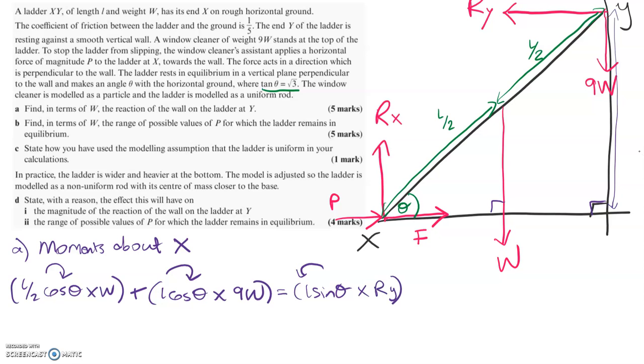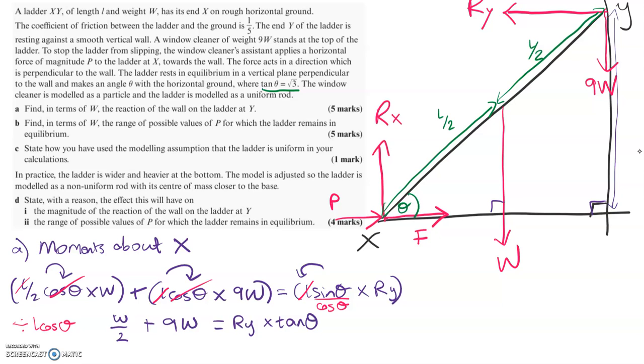If I divide everything by L cos, that will cancel the cos there, this will change to tan, and then my L's also disappear. So this equation, simplified, is W/2 plus 9W equals Ry times tan theta.